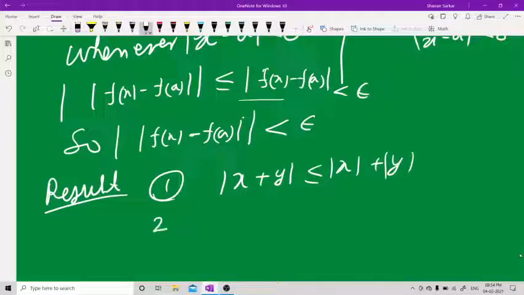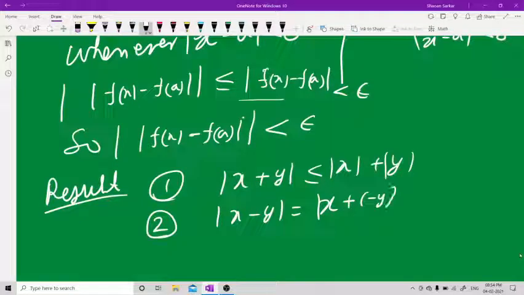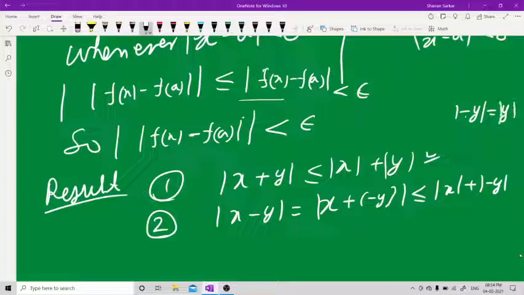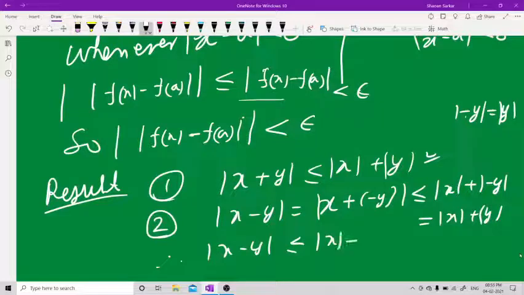Second result: mod of x minus y can be written as mod of x plus minus y, which is less than or equal to mod x plus mod of minus y, and mod of minus y is the same as mod y. So mod of x minus y is less than or equal to mod x plus mod y finally.